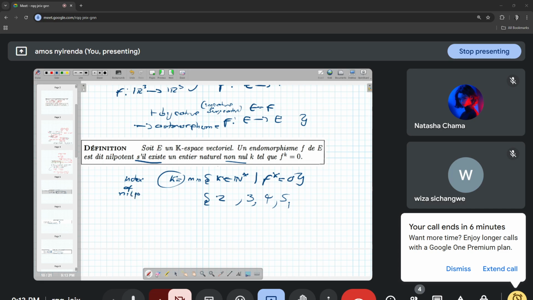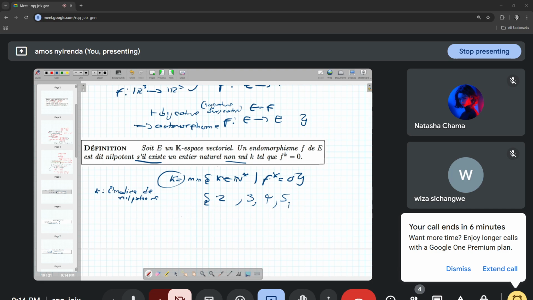So c'est l'indice de nilpotence. K is known as l'indice de nilpotence. So it is the minimum value of K such that this property is true. Okay, the minimum value.